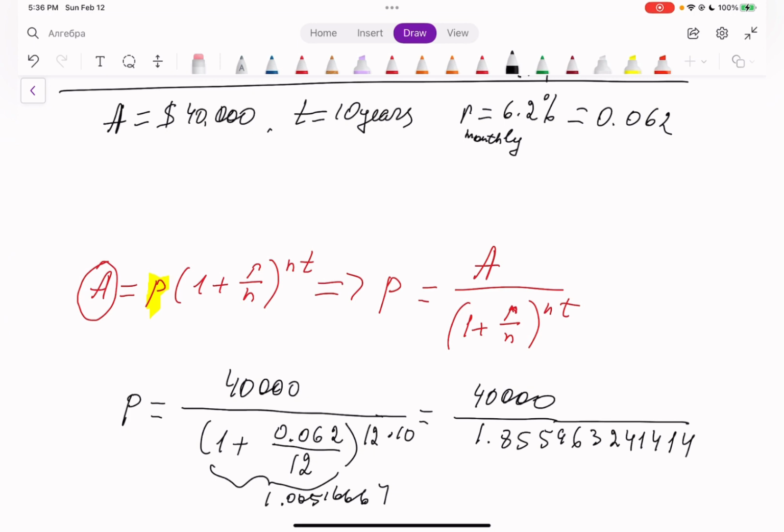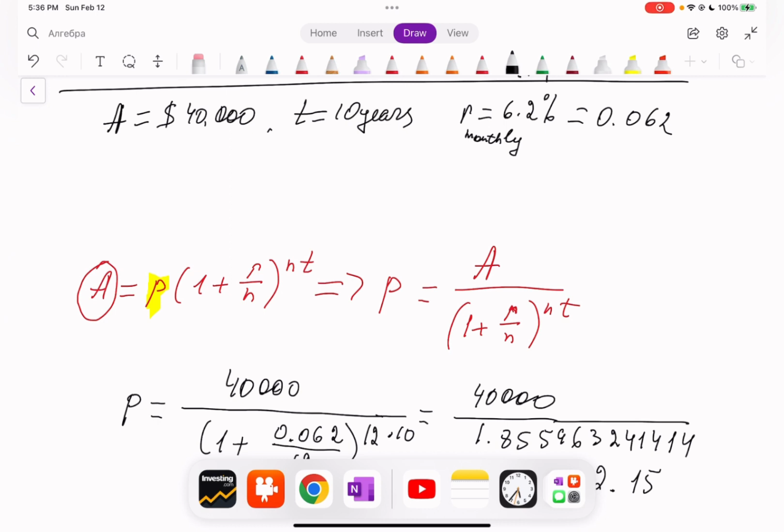So 40,000 divided by 1.85596 32414. And I'm getting 21,552.15.